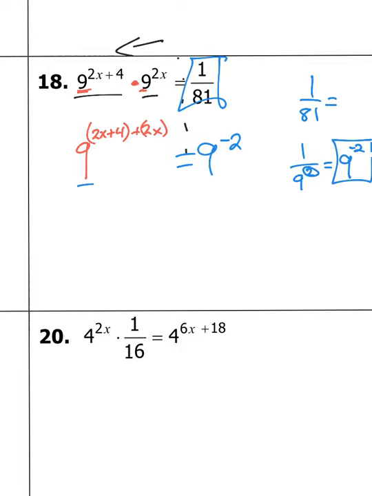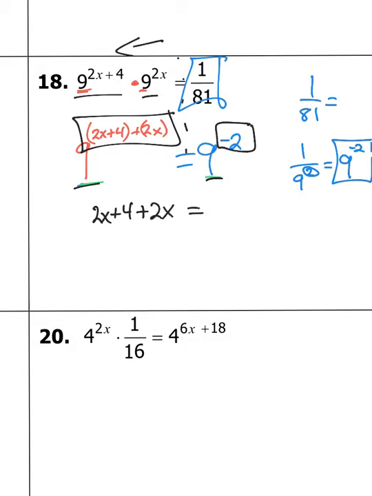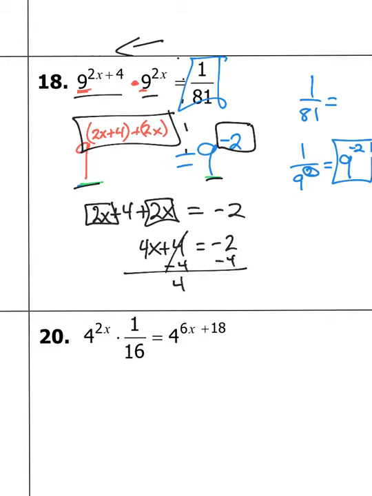Now that they're the same base, I can just set the exponents equal to each other. Combine like terms, I get 4x plus 4 equals -2, subtract 4 on both sides, I get 4x equals negative 6, x equals negative 3 over 2, because I just simplified that fraction.